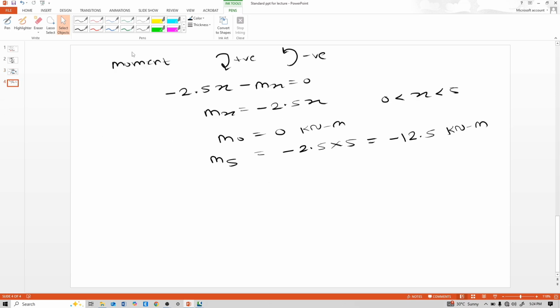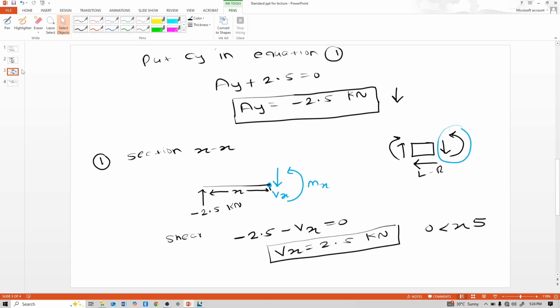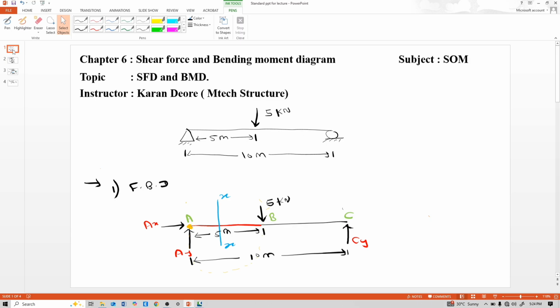Okay. Now next is take section YY here. Where to take sections: between this AB and between this BC. So see, for this YY section, this right side is simple, only one load.